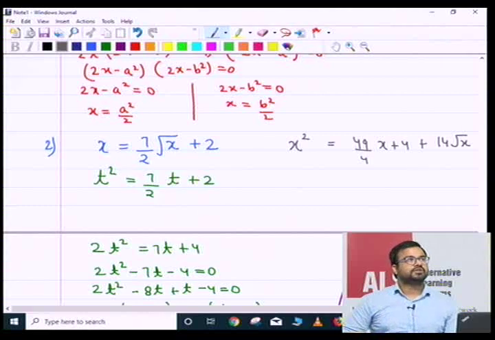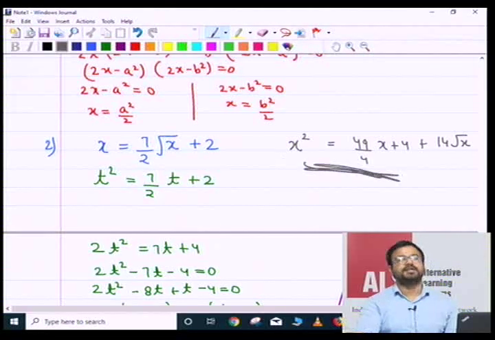So this will not work. We have to make the substitution in order to remove the root. Getting it, Itanagar? If we square on both the sides, again we are getting root as a value. Is that clear, Itanagar?